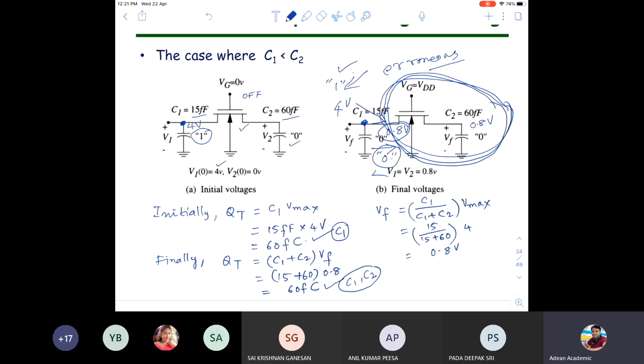So the nodes are internally changing their states, which is not expected. It is not remaining the same. It is changing its state because of the problem of charge sharing. As long as charge sharing doesn't happen, 4 volts as logic 1 is fine. But once charge sharing comes into the picture, this logic 1 becomes logic 0.